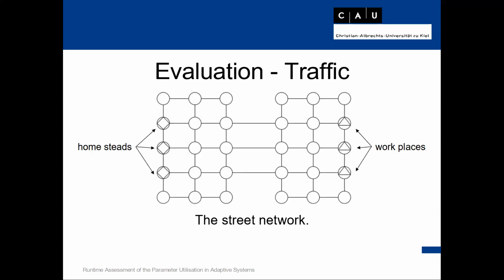What does it look like? This is the graph of the street network. Let's say there are 2 islands connected by 3 bridges. On the left side, we have the 3 designated homesteads intersections. On the right side, the workplaces.